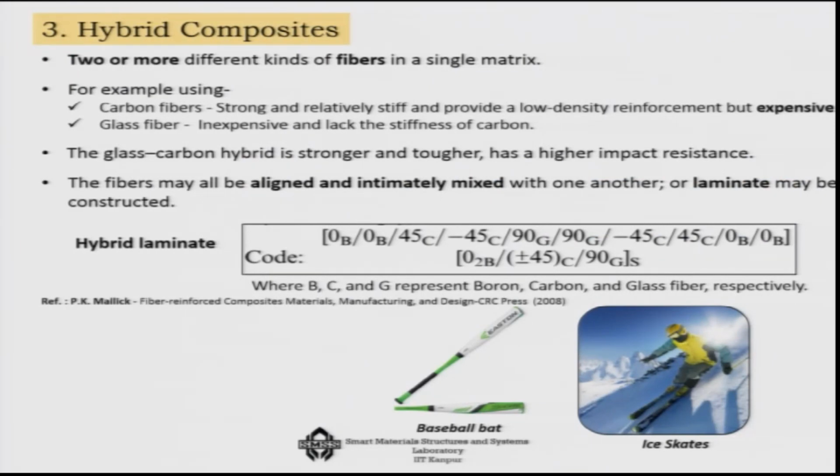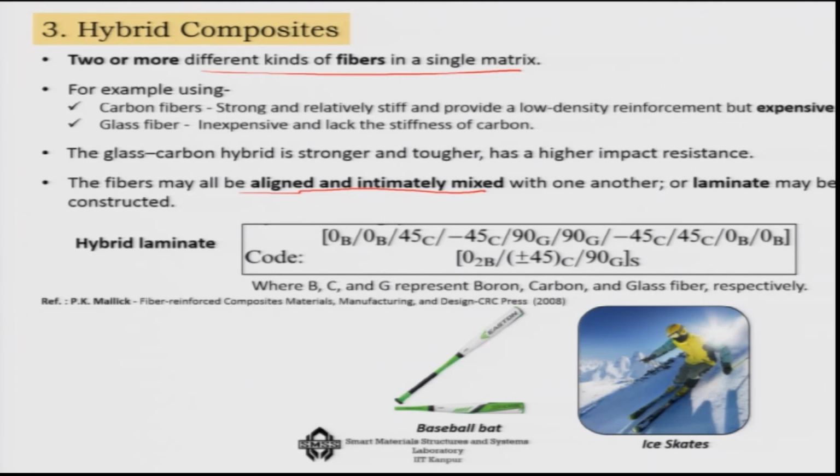One last thing is the hybrid composite. In fact, all the smart composites are by default generally hybrid composites, because they have different kinds of fibers in them. They have passive fibers, and also active fibers. So, they become hybrid in nature. Whenever more than one fiber comes into the picture, it becomes hybrid. And these fibers may all be aligned and intimately mixed with one another, so that they work in an integrated way.